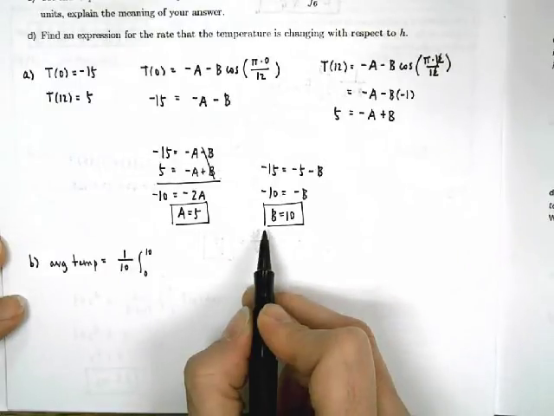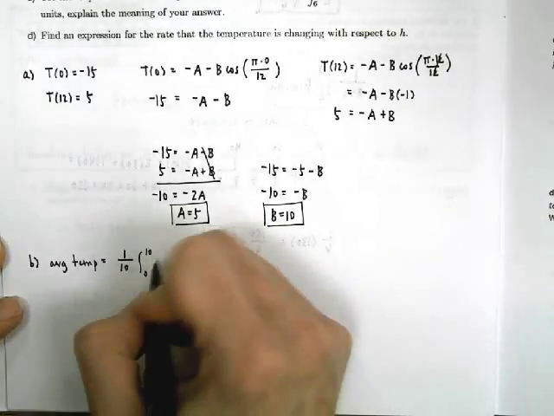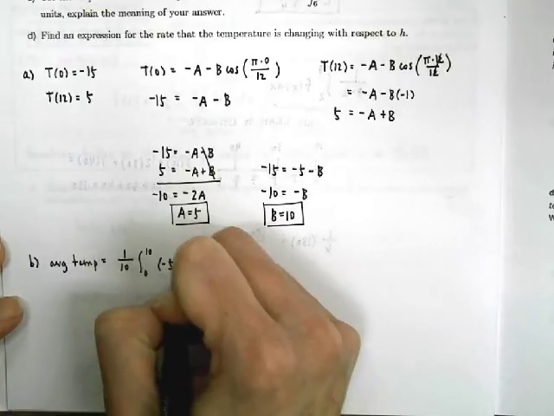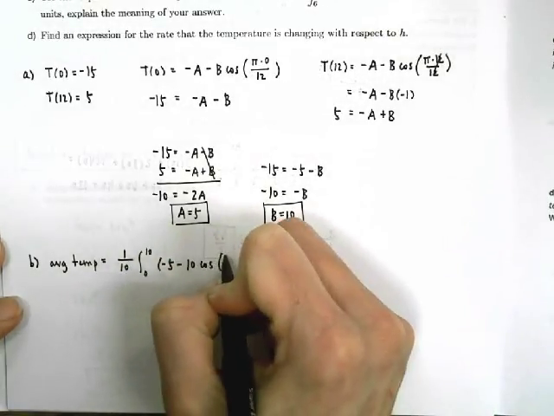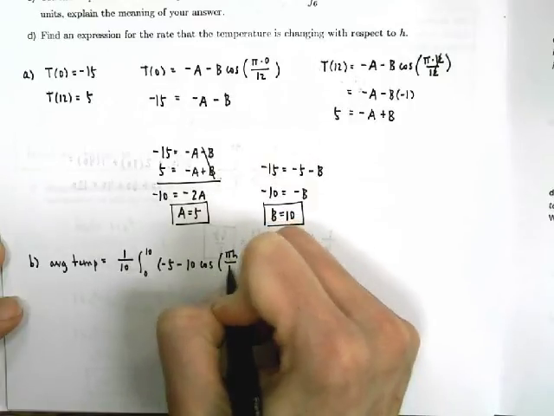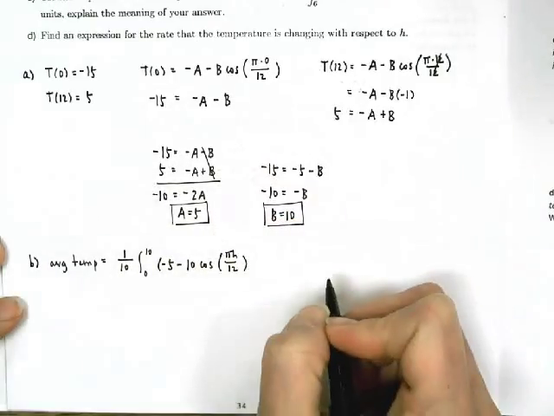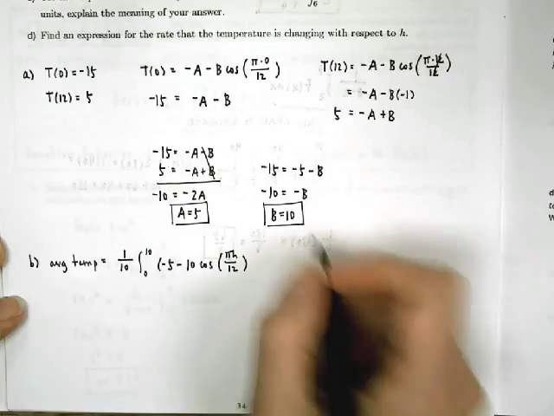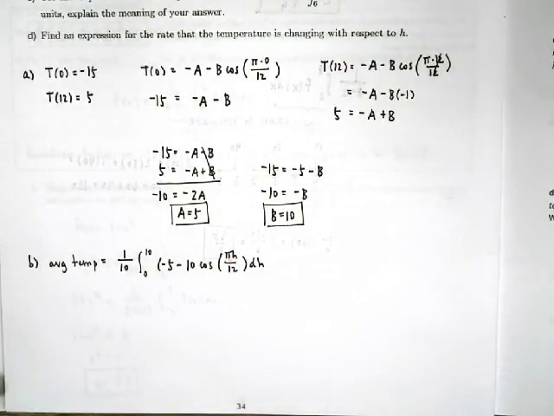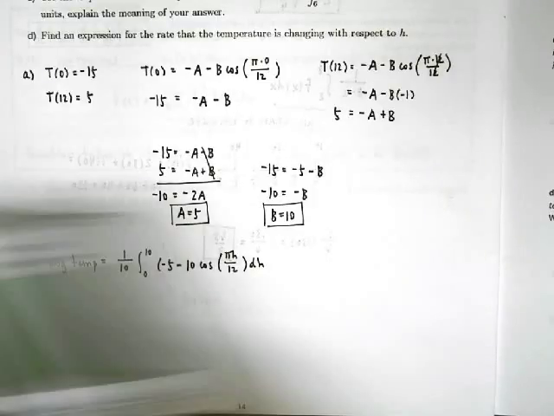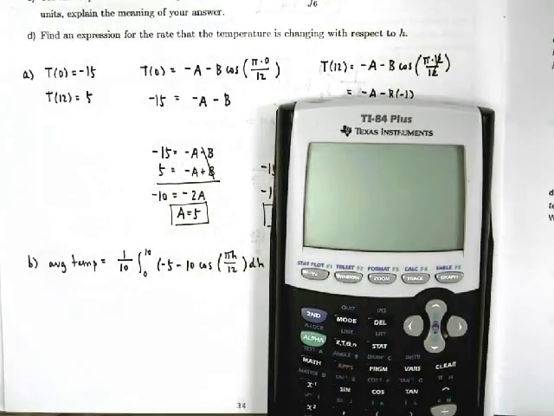Now I have values of A and B, so I'm integrating negative 5 minus 10 times the cosine of pi H over 12, and that's going to be dH. And so now we can just put that into our calculator. So here we go.